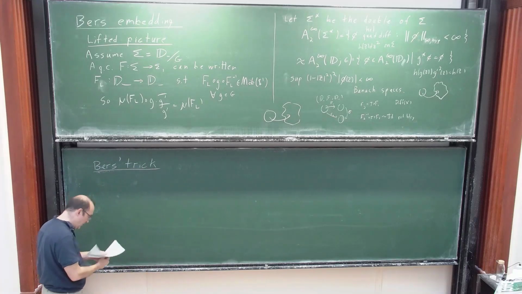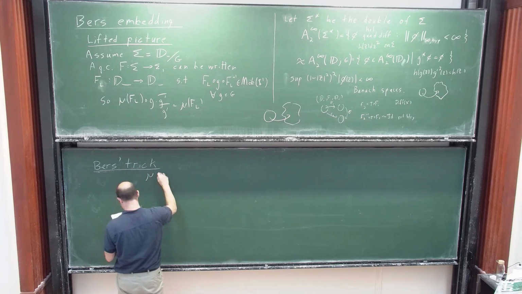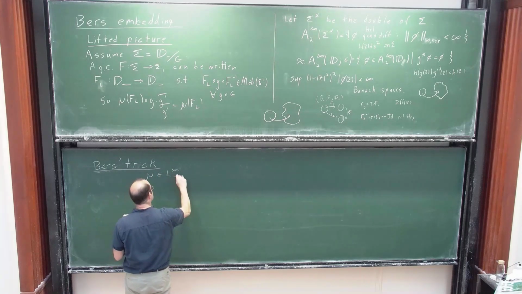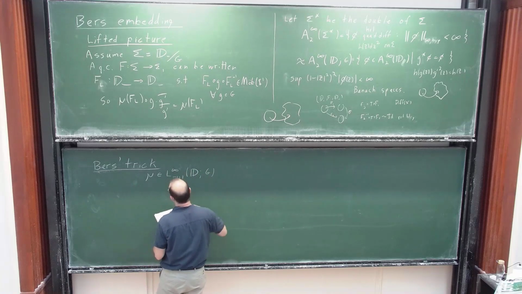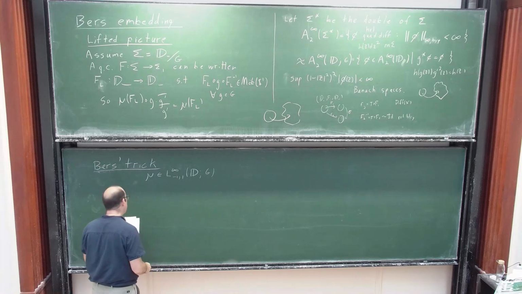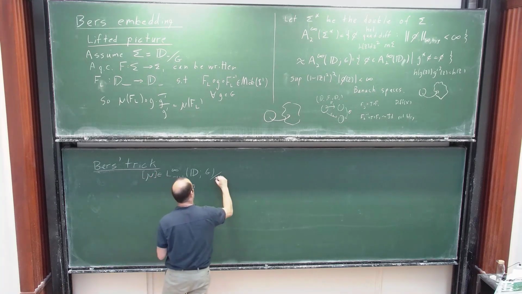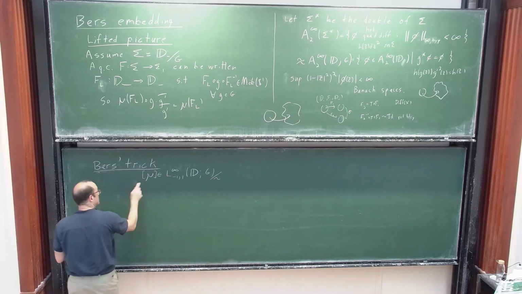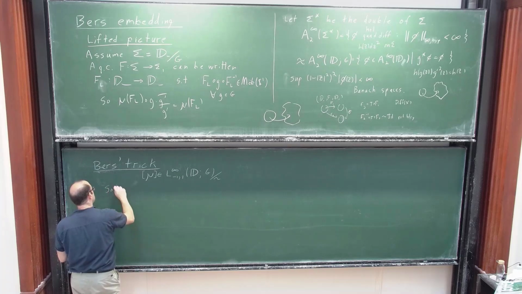There's this thing called Bers' trick. Take mu in L infinity of the unit disk, actually I'll take it in the equivalence class, and then take a representative. It turns out to work. We solve the Beltrami equation.